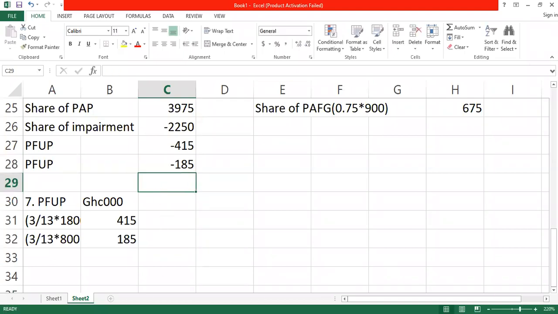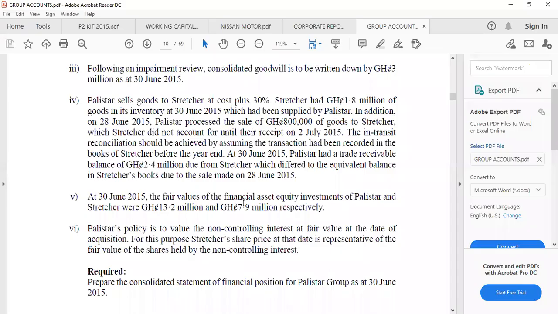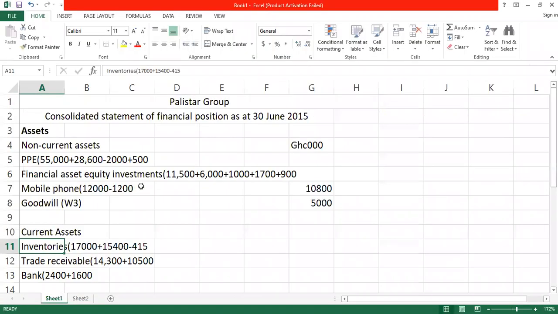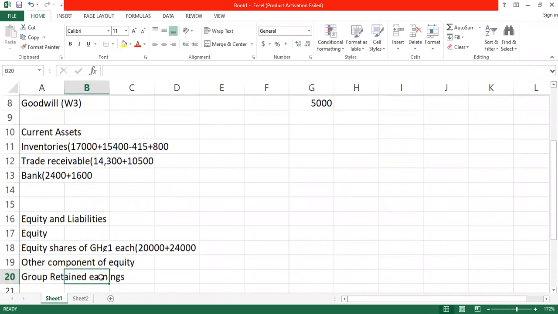All right. The question is saying that we should assume that the goods have been received by Stretcher, isn't it? If the goods have been received by Stretcher, what will happen? Stretcher is going to receive inventory, isn't it? How much are they going to receive? They will receive 800, isn't it? They have to pay for the goods, so they will have payables, which is liabilities.